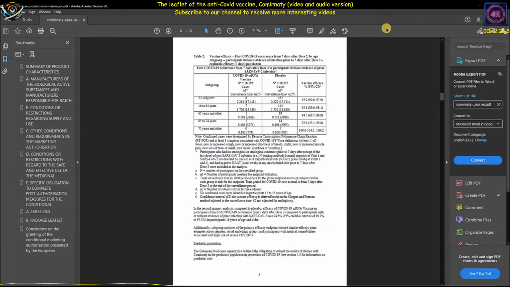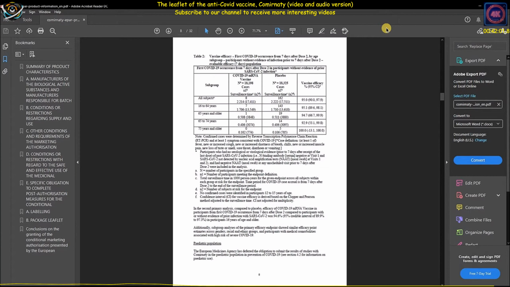A: N equals number of participants in the specified group. B: N1 equals number of participants meeting the endpoint definition. C: Total surveillance time in 1,000 person-years for the given endpoint across all subjects within each group at risk for the endpoint. Time period for COVID-19 case accrual is from 7 days after dose 2 to the end of the surveillance period.